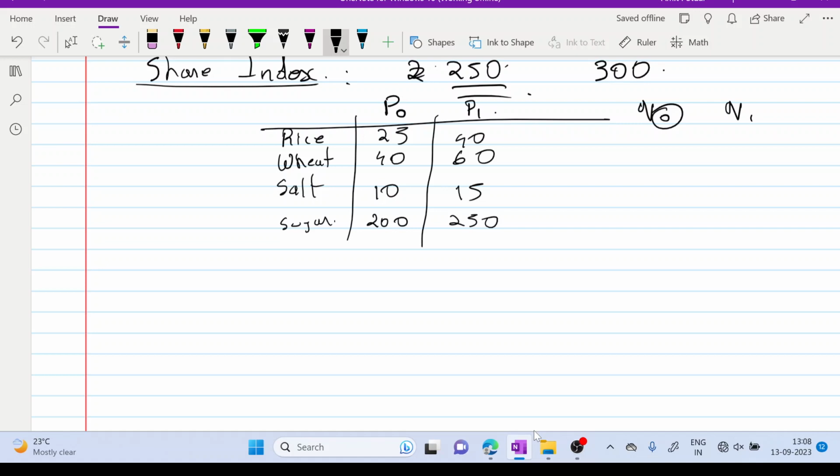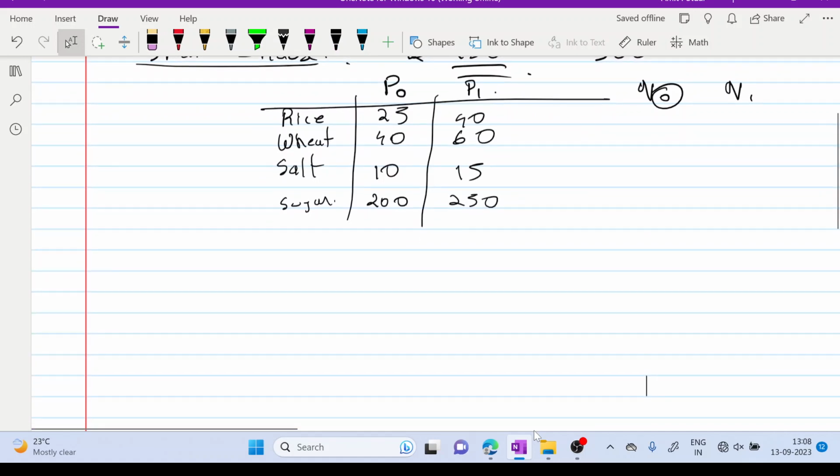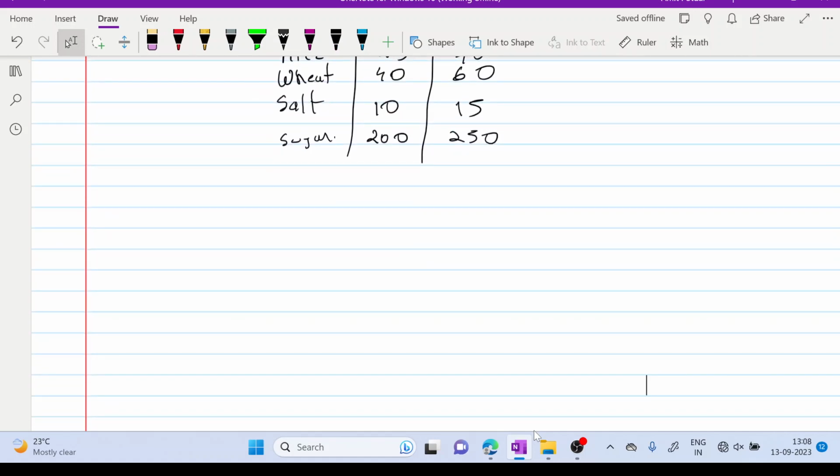So now there are certain types of index numbers, different ways of finding index numbers. You don't have a single method of finding index numbers. There are different ways you can find the index number. So the first method is with price index numbers.